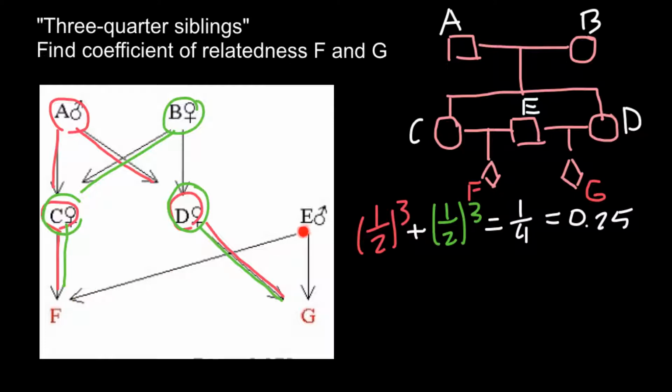Now let's take a look. We have another connection here through the father. Through this father they can be two full siblings or half siblings. So we consider them to be somewhere in the middle between being half siblings and being cousins through the mother side.